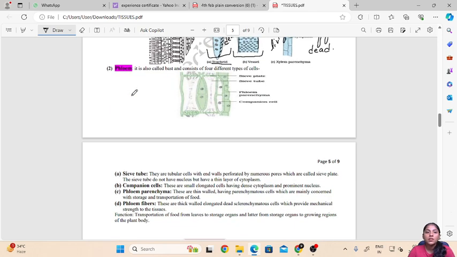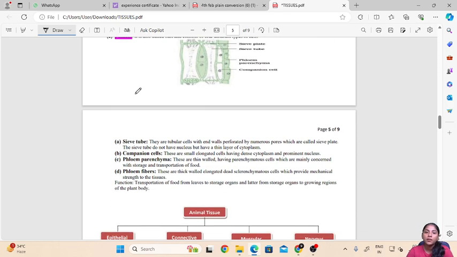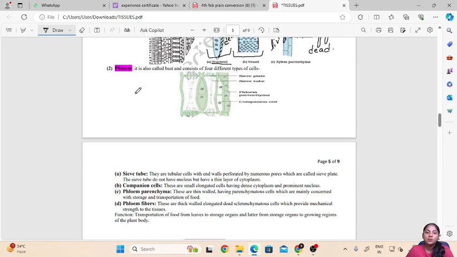Then the next one is phloem. Phloem tissue is made up of again 4 different types of cells. The first one is sieve tubes, then companion cells, phloem parenchyma and phloem fibers. Sieve tubes are tubular cells.